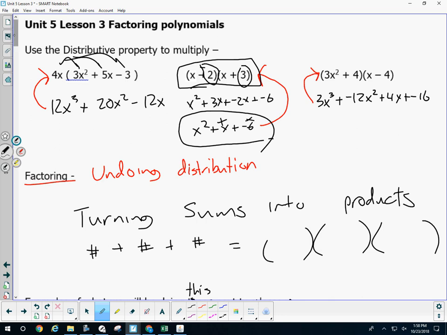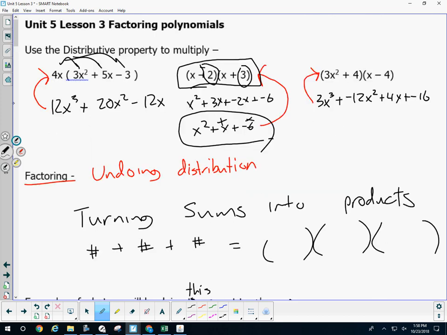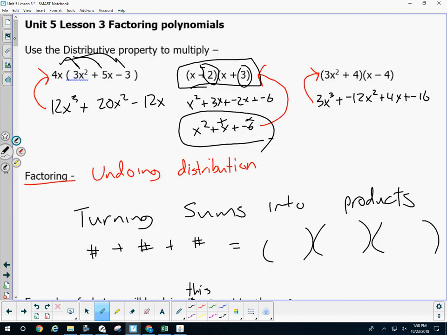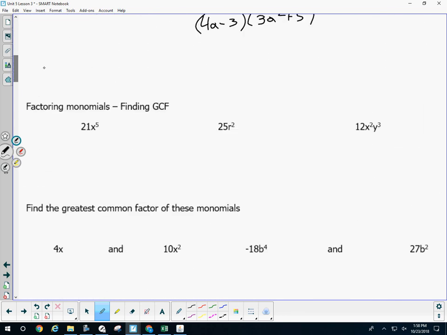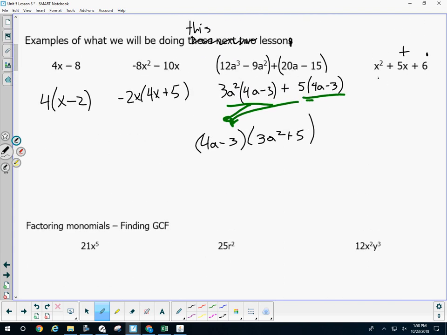I can think about going backwards, and find two numbers that are added together to get the 5 and multiplied together to get the 6. Those two numbers are 3 and 2. So I can write this as x plus 3 times x plus 2. These are examples of what we're doing today.